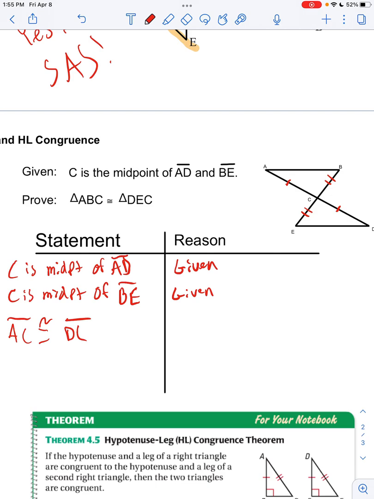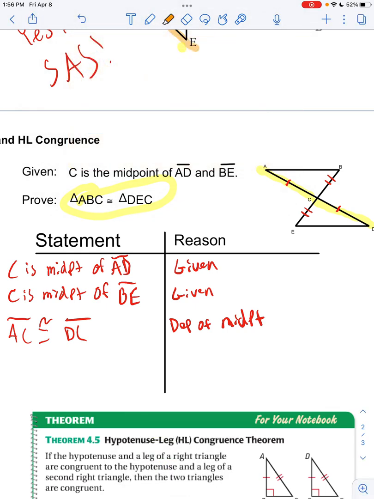Now, again, you have to be careful. The order does matter. So, again, think about what we're trying to prove. Our goal is to prove this. So I'm saying AC is congruent to DC. And that is by the definition of a midpoint. Because it was given to us that it was a midpoint, we know this to be true.